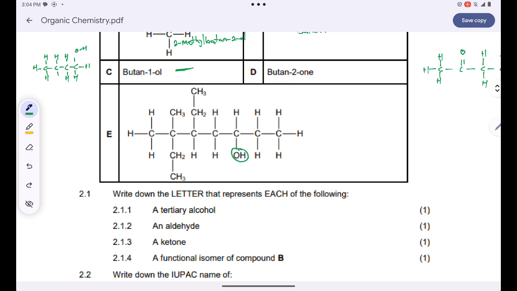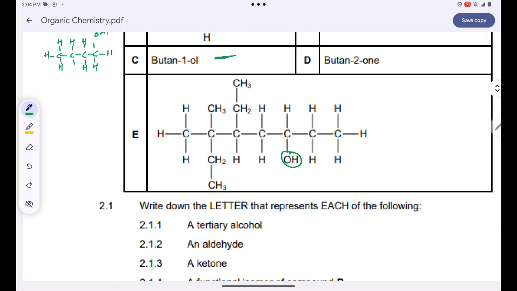Our longest chain, guys, should have the carbon with the functional group. So this will be our longest chain. I will simply have carbon number 1, 2, 3, 4, 5, 6, 7, and 8. So my parent chain has 8 carbons. Are you together?